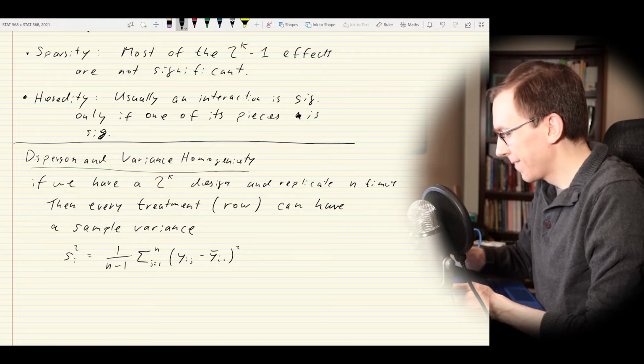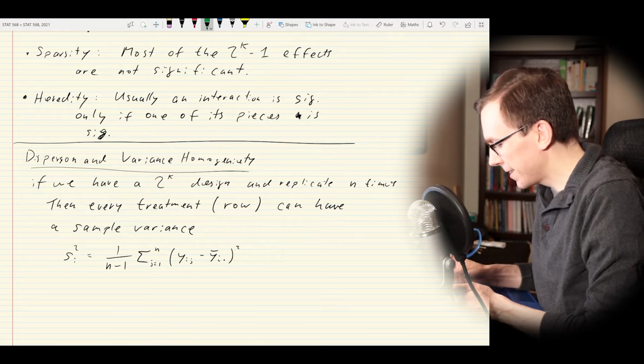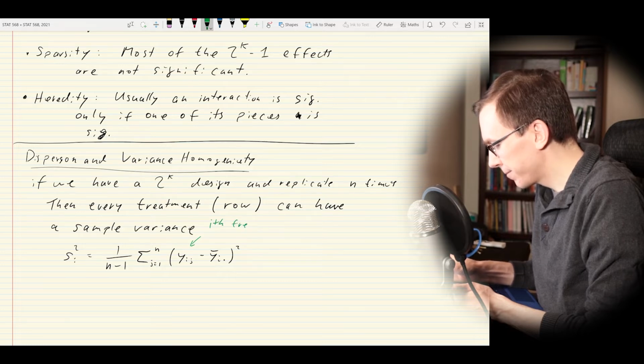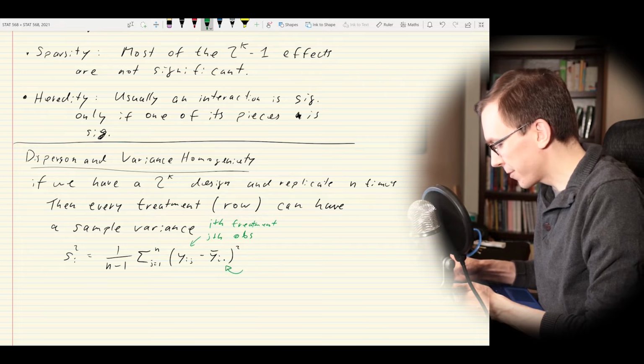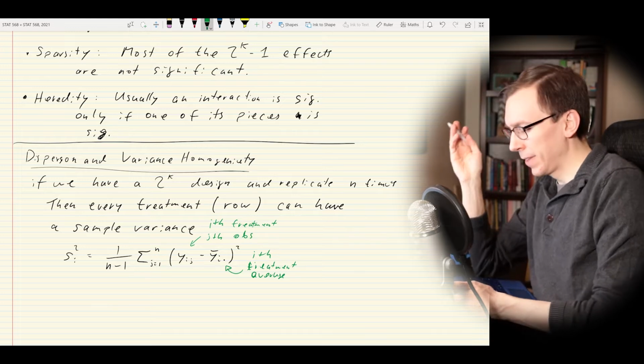So basically, what we have here is the ith treatment, the jth observation in that treatment, and this is the ith treatment average.